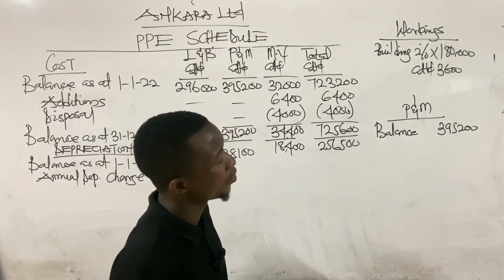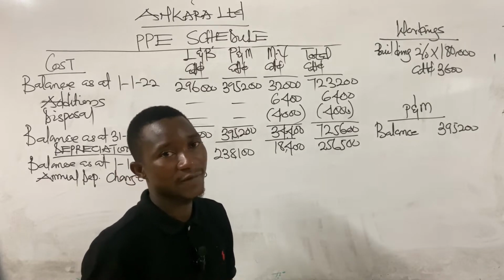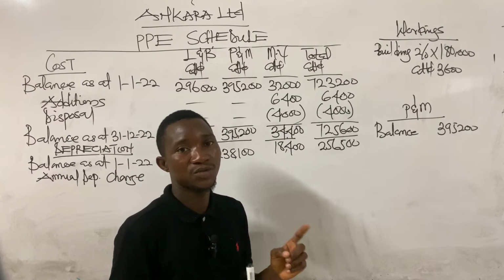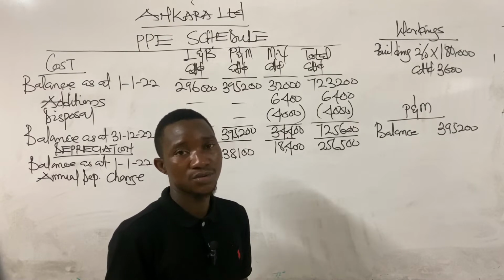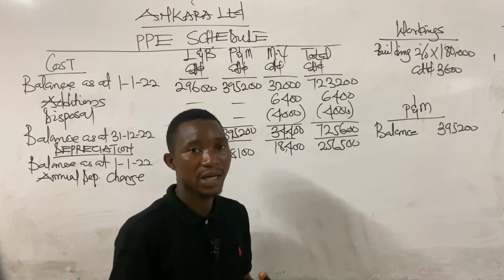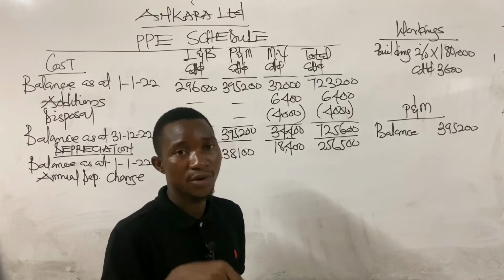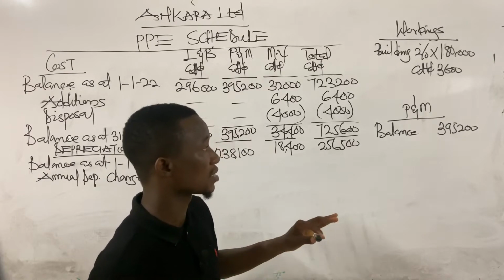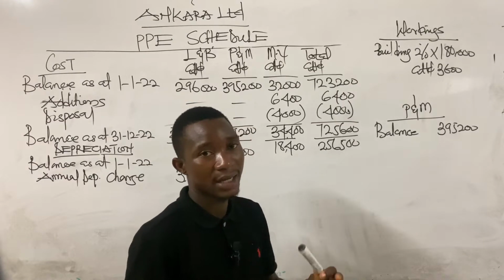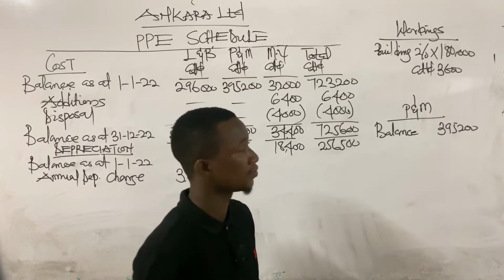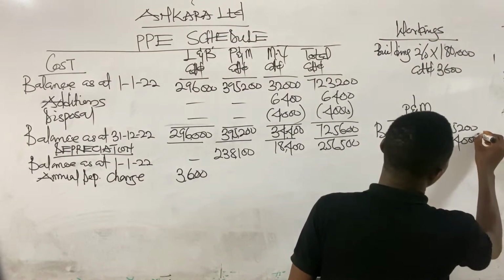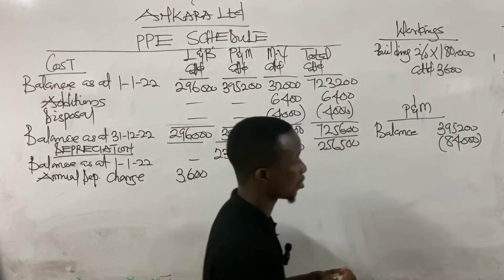It means that we won't just apply the rate on this 84,000. We will apply the rate on the 84,000 from 2018 to the beginning of 2022. Then within 2022, we use the estimated useful life. Is that okay? So let's subtract that from here and calculate each depreciation separately. So we have 84,000 we are subtracting.